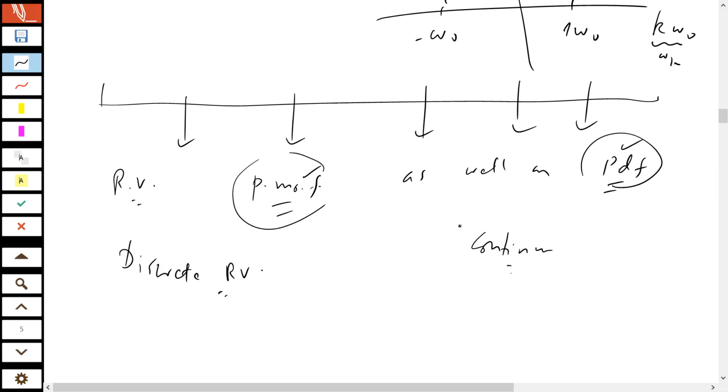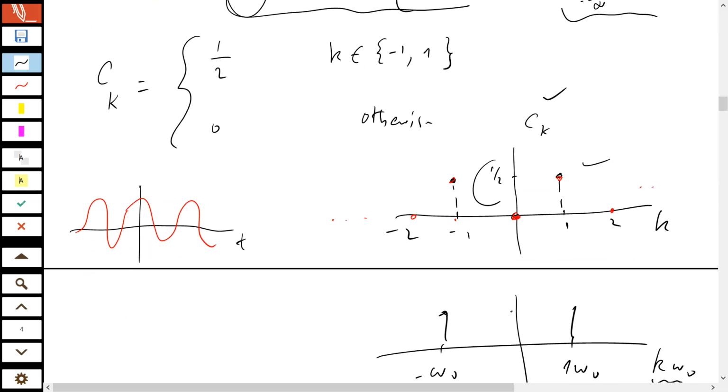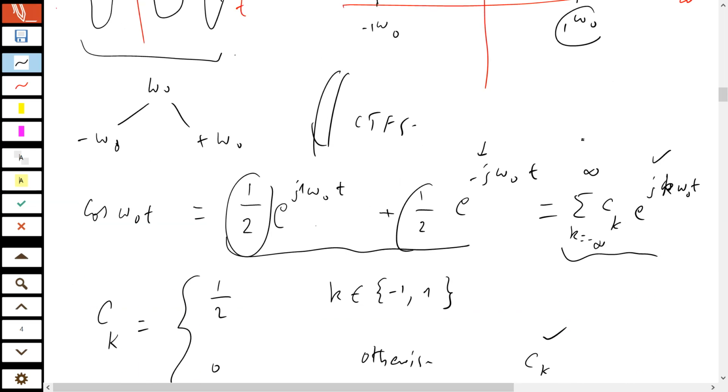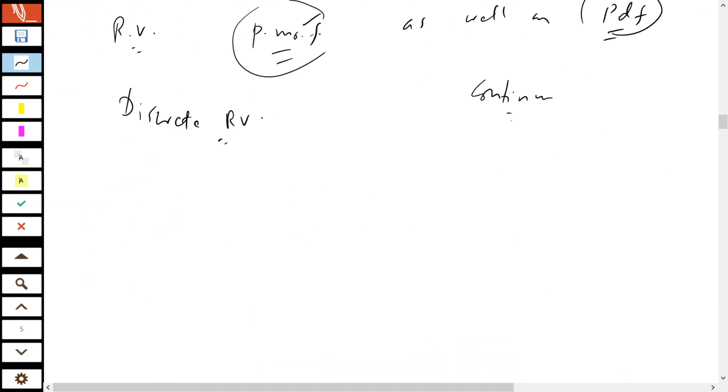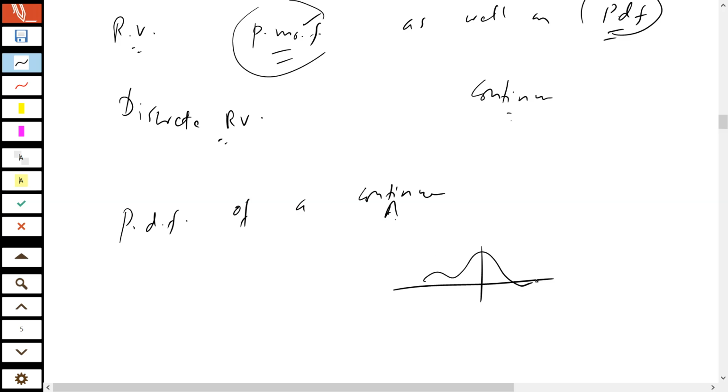So just like we saw this connection, if we try that transform, in other words density, with a periodic function, and it was not meant for periodic, then instead of finite coefficients you see deltas. If I ask you for the PDF of a continuous random variable, you will get some plot, something like this.